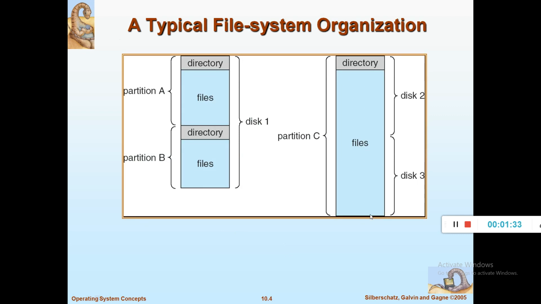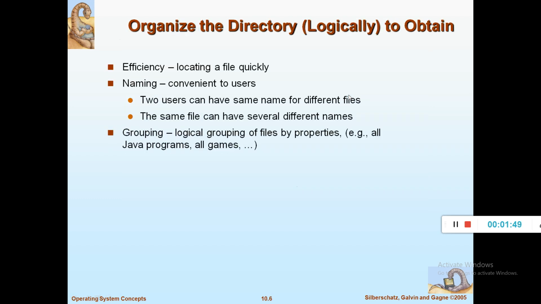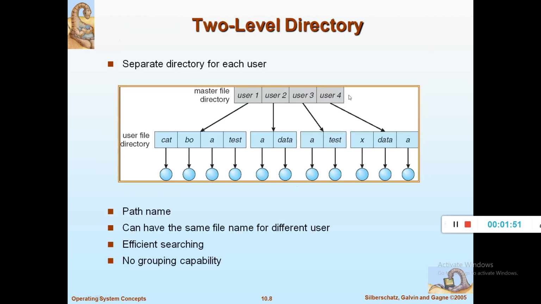So consider this is a disk. It is divided into three partitions, A, B, C. The first partition is called a directory, and under this we are going to have the files. Directory files, it is partition 2 in disk 1, and there is only one partition C, which we call disk C here.